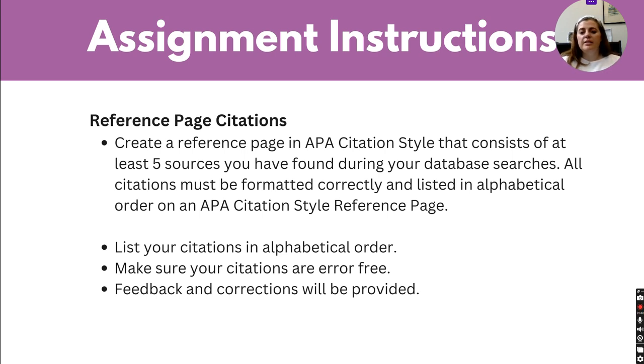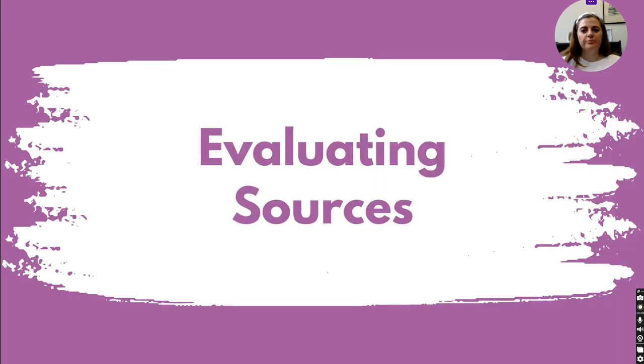So make sure you're listing it in alphabetical order, that your citations are error-free, and feedback and corrections will be provided. So this is just going to be a fairly short and quick assignment just to give you guys a jump start on creating those citations, where you're having issues with, what elements to be looking for, and kind of where you guys have your own hiccups.